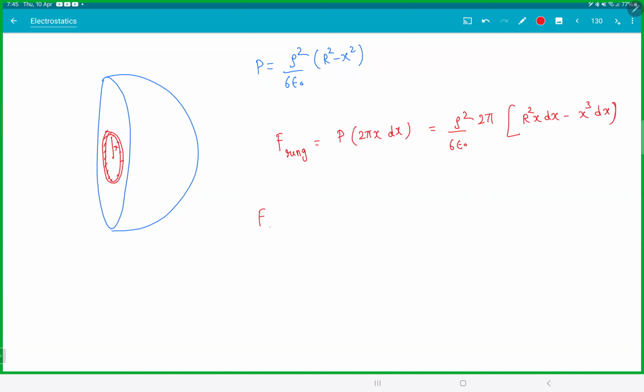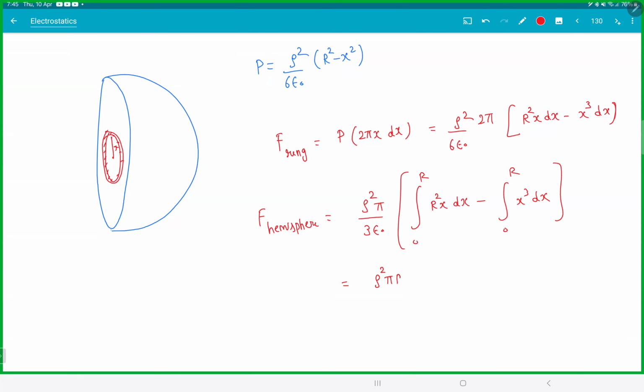So force on that entire hemisphere will be rho square pi by 3 epsilon, integral of r square x dx minus x cube dx, 0 to r. That guy will be how much? r square by 2, this is r power 4, so that will be r power 4 by 4. So rho square pi r power 4 by 12 epsilon. Got it?